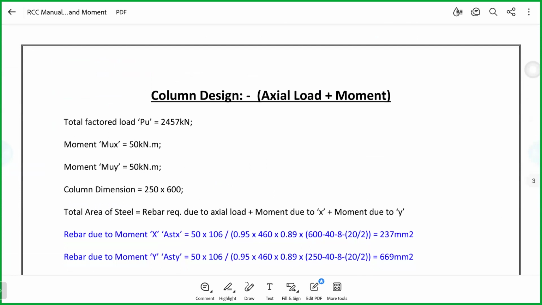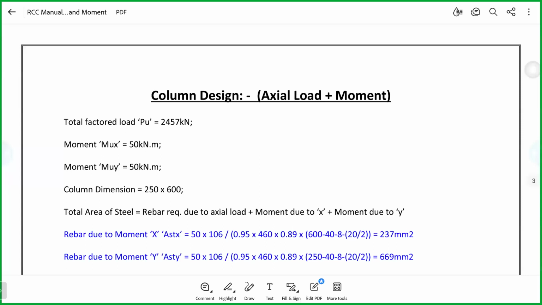But the one which you're going to see further is called biaxial moment. What is uniaxial? What is biaxial? The column is rectangular. If in any one direction there is a moment, it is called uniaxial because in one axis there is a moment. Technically, it is called uniaxial moment. If both directions have a moment, it is called biaxial.